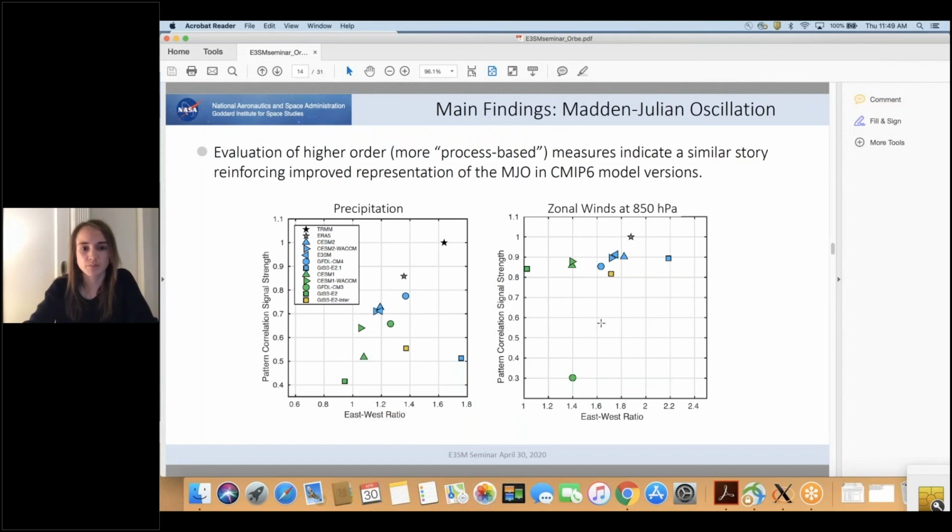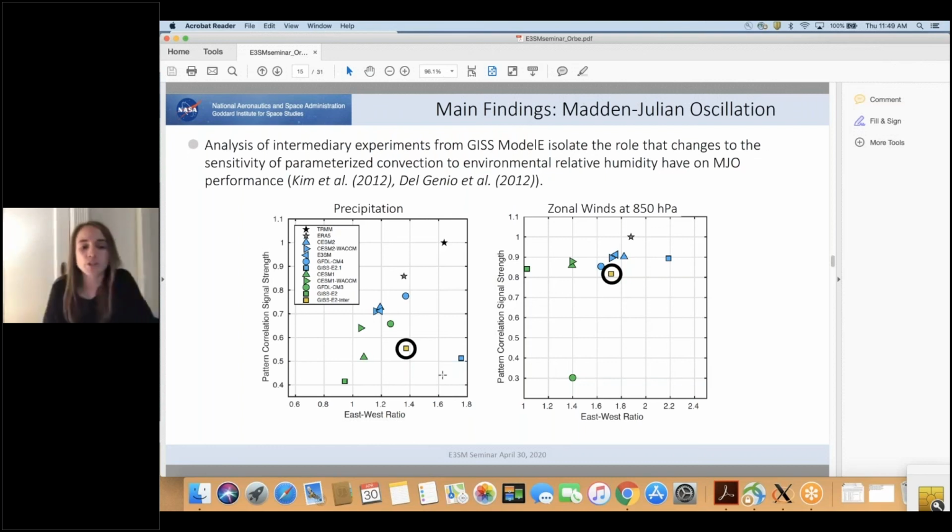And so we found it instructive to incorporate an intermediary version of the GISS model E, and what's highlighted right here is an intermediary tag that had changes both to the entrainment rates, but also to one of the parameters that controls re-evaporation above the cloud base. These changes having been documented in these papers by Daeun Kim and Tony Del Genio.